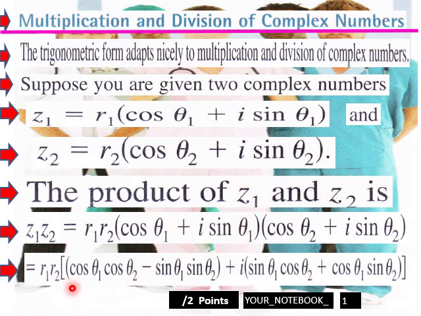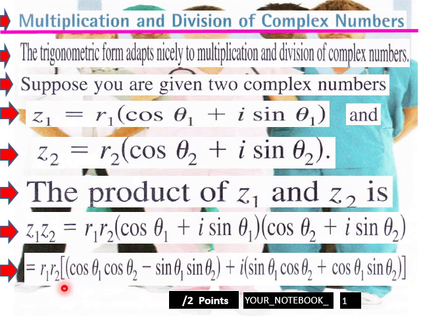Then we can put this into brackets. We're going to use trig properties here, grouping like terms together, and then using the sum and difference rules for cosine and sine.